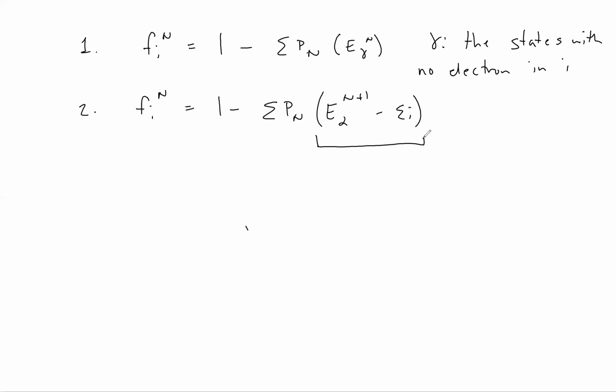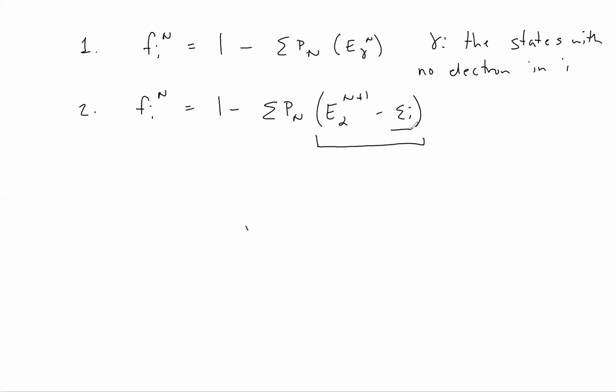We're constructing an n electron state without an electron in level i by taking an n plus 1 electron state with an electron in level i and simply subtracting the single particle energy corresponding to level i. And so this is now where we're really enforcing the Pauli exclusion principle. We're saying that you can construct all possible n electron states without an electron in level i by simply removing that energy, E_i, from the energy of all n plus 1 electron states with that level occupied.